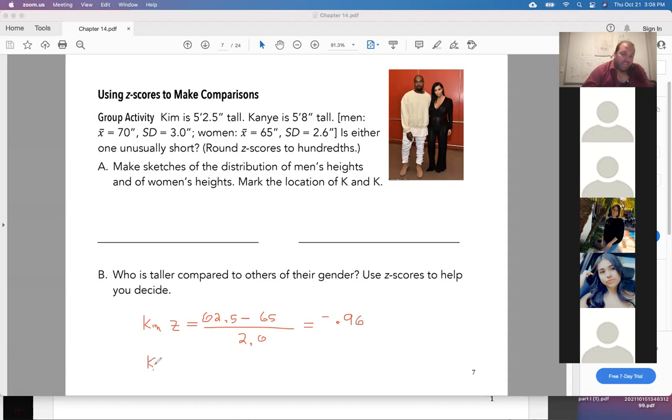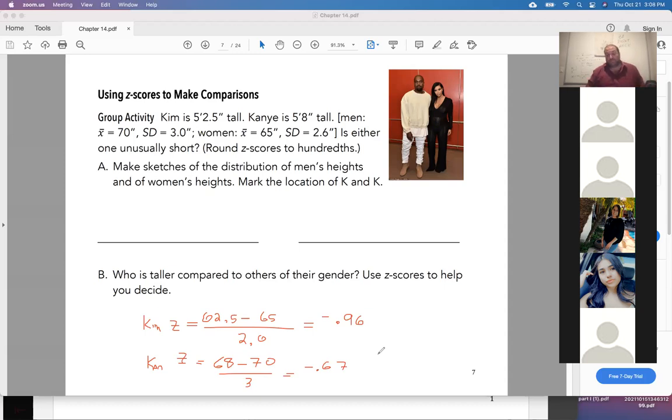And what is Kanye's z-score? 68 minus 70 over 3, which is negative 0.67.